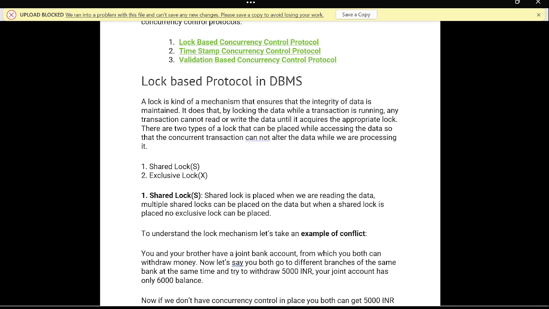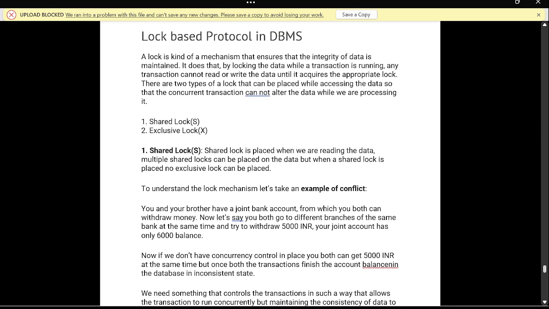Here we have two kinds of locks. One is shared lock and the second one is exclusive lock. Shared lock is represented by capital S, and exclusive lock is represented by X. Shared lock is nothing but, here you can only read the data.